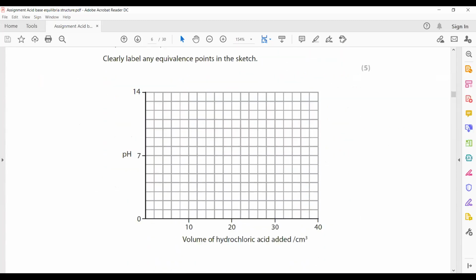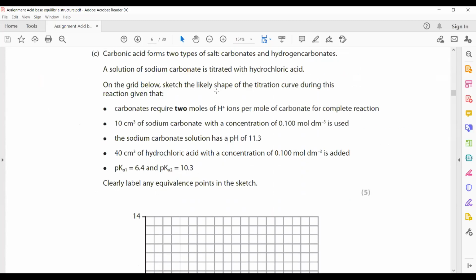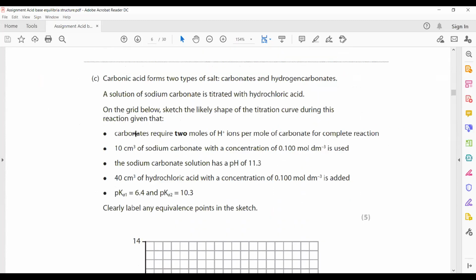And for the volume of hydrochloric acid, as you know the ratio between them, carbonate ion requires 2 moles of hydrogen ion per molecule. If there is one carbonate ion, you require 2 moles of hydrogen ion for a complete reaction.